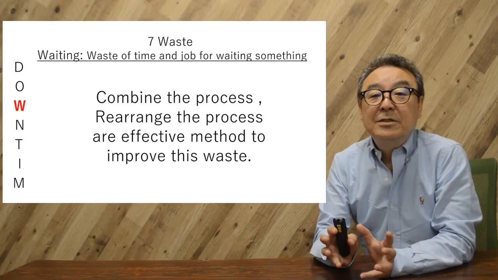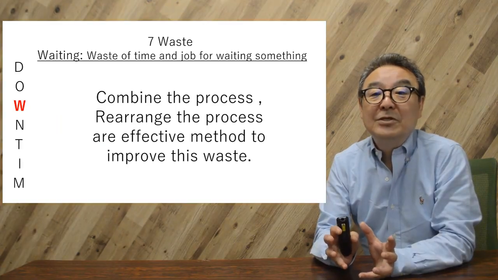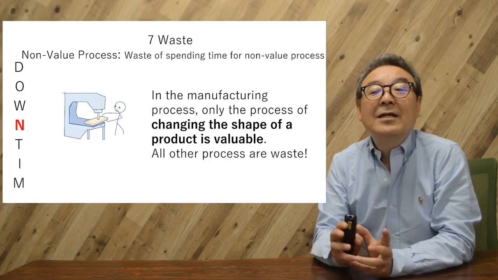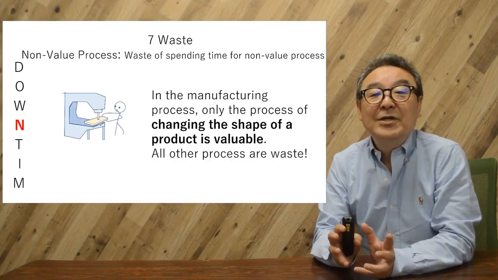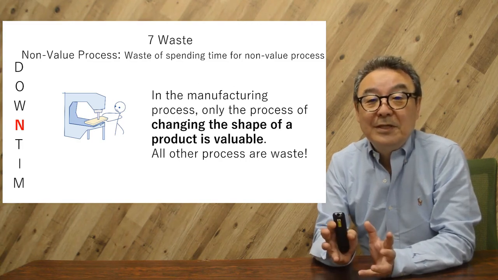To solve this waste, combining the process and rearranging the process are effective methods to improve it. I'll explain later. And non-value process: waste of spending time on non-value process. What is a value process?